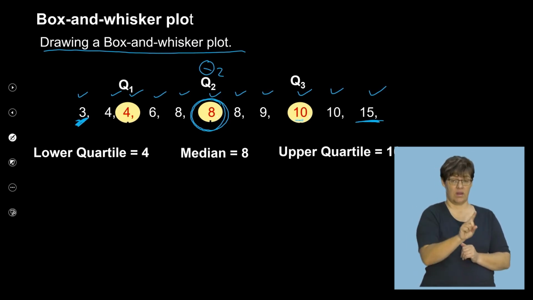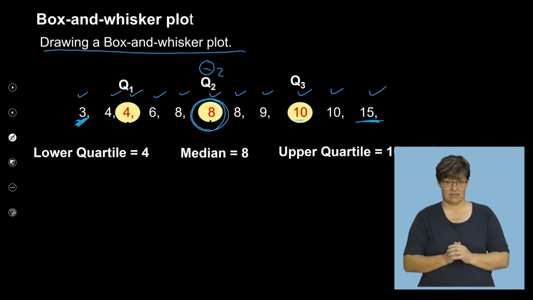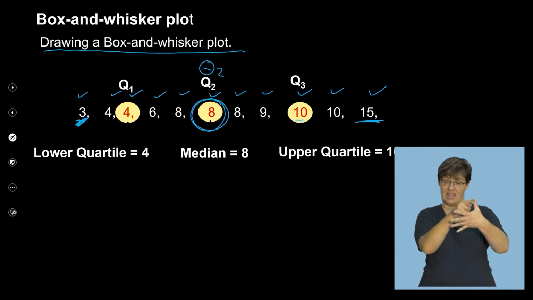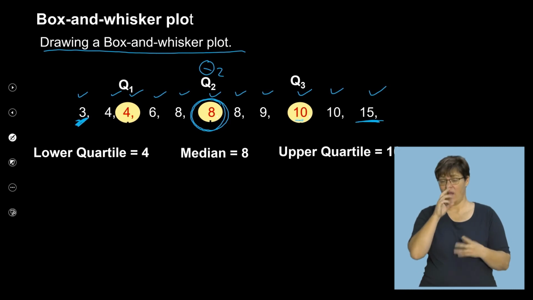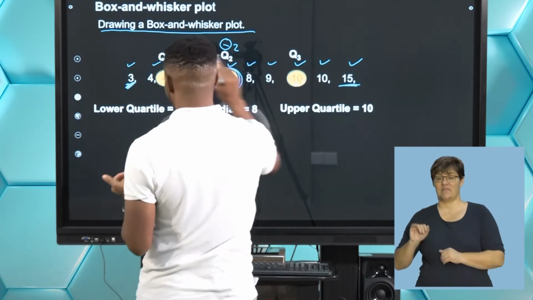Q1 is 4, Q2 is 8, Q3 is 10. Those are our 3 quartiles. Is our number summary done? No. We need the minimum value and maximum value to have our 5-number summary. So our minimum value will be 3, our maximum value will be 15.